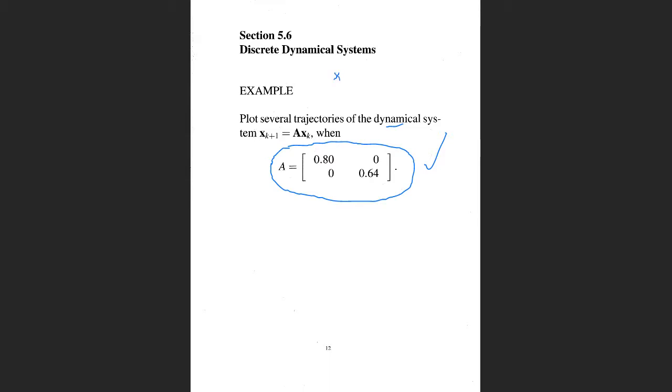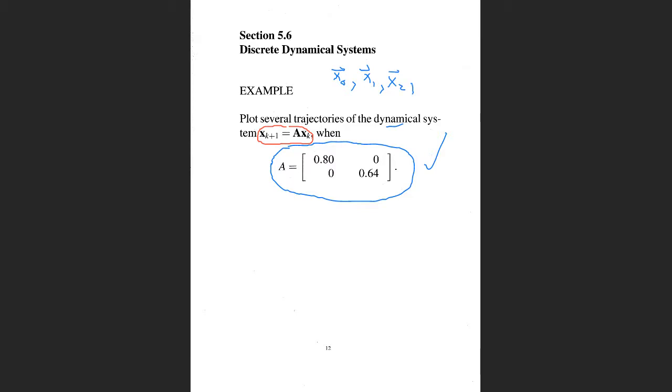As k changes, you start off with an initial vector x sub 0, and then the vector x sub 1 would equal A times the vector x sub 0 by the dynamical system formula here. And then the vector x sub 2 would have to equal A times the vector x sub 1.